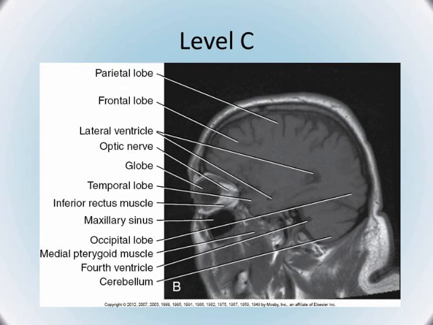So here we go with the actual drawings. We have the parietal lobe, the frontal lobe, the temporal lobe, the optic nerve, the maxillary sinus, fourth ventricle, cerebellum, and the occipital lobe.